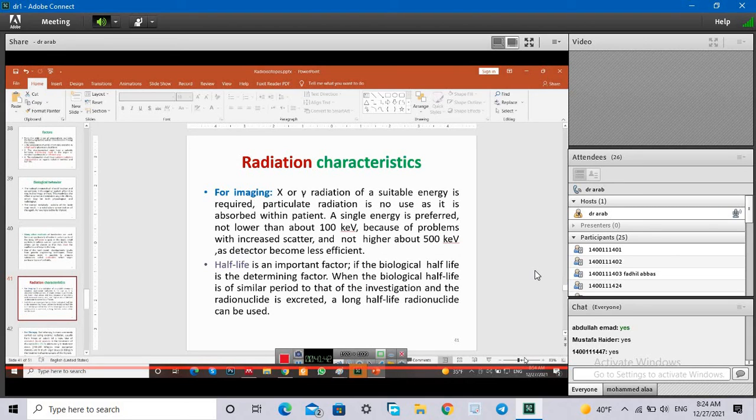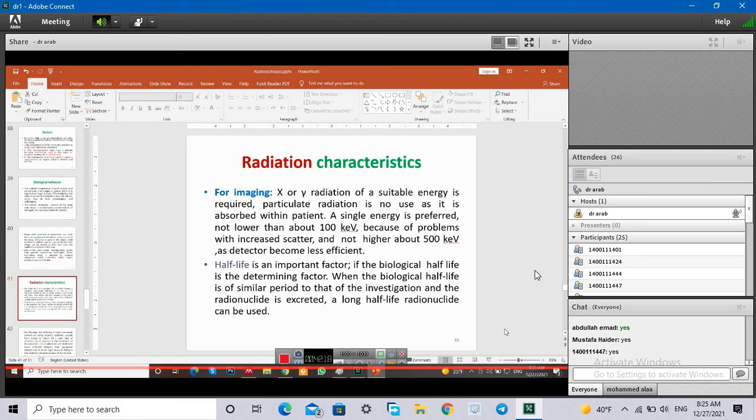As you remember, the other property in choosing the appropriate radionuclide as a radiodrug relates to the radiation characteristics. Besides biological characteristics, an appropriate radionuclide should have some specific radiation characteristics that are different for imaging and therapeutic aims.